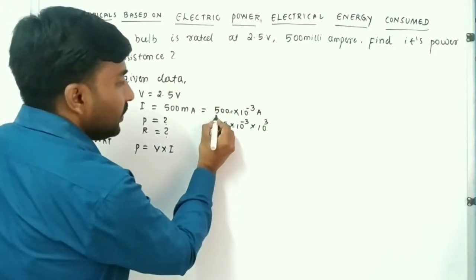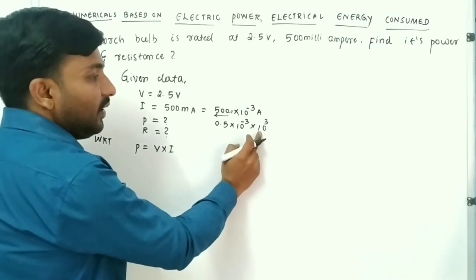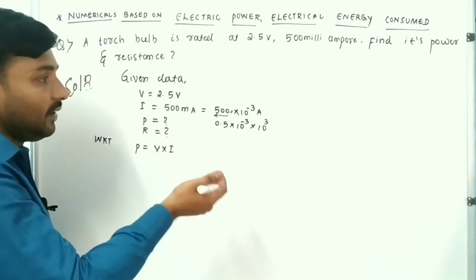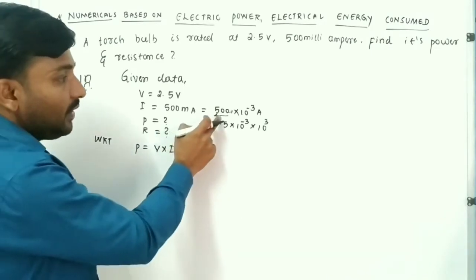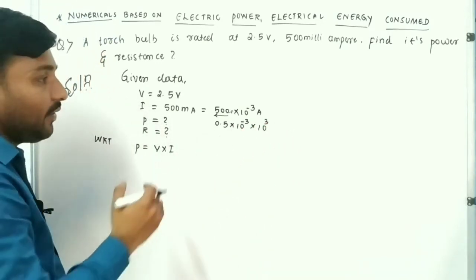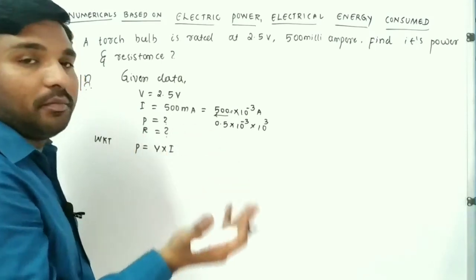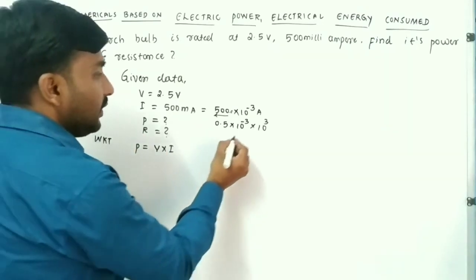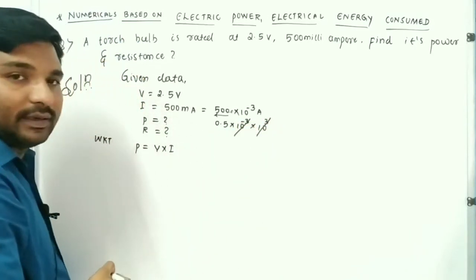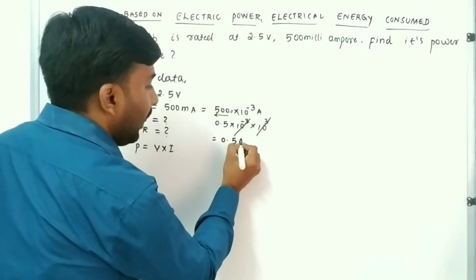Whenever you are taking the point in the backward direction, you need to multiply with 10 raised to the number of digits you have taken in the backward direction. So here I have taken 3 digits, so 10 raised to plus 3. If I move the point in the forward direction, that should be taken as 10 raised to minus 3. Why have I done like this? Because in order to cancel these two terms. So here current is 0.5 ampere.